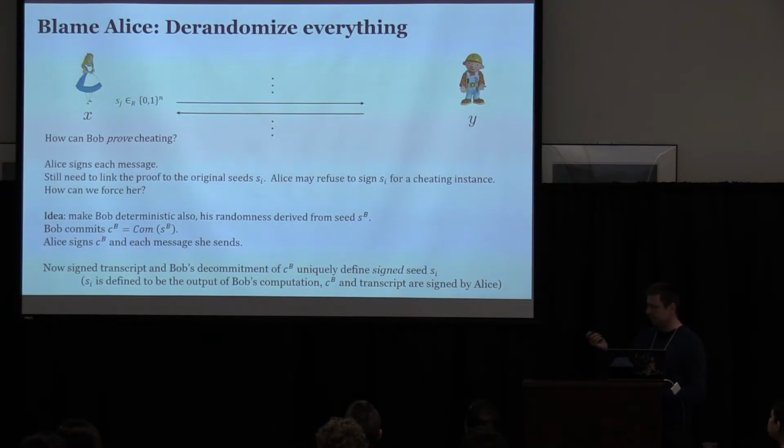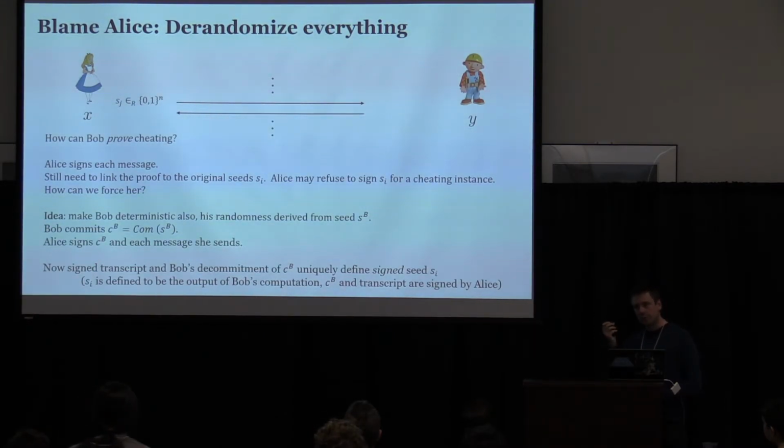It's kind of natural, but it's the finalization of this. How can we force her? We make Bob also deterministic. Bob is going to derive his randomness from some seed SB. He's going to commit to that seed, so CB is a commitment of SB, and we're going to ask Alice to sign that commitment.